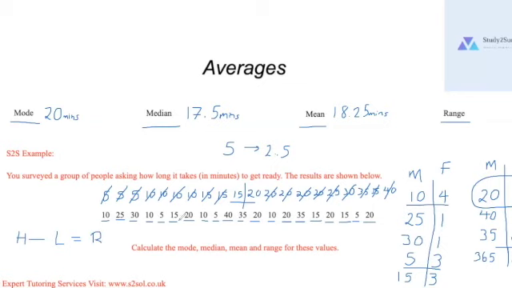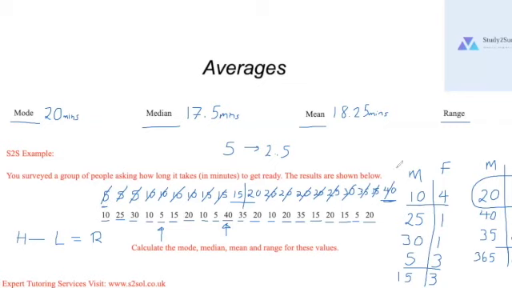So if we look at our data, we can see that the longest amount of time someone took was 40 minutes, and the lowest amount of time someone took was 5. We only need the highest number here and the lowest number. It doesn't matter how many times that number has appeared, we just need the highest and the lowest. Then we take them away. Okay, so we take the lowest amount away from the highest amount.